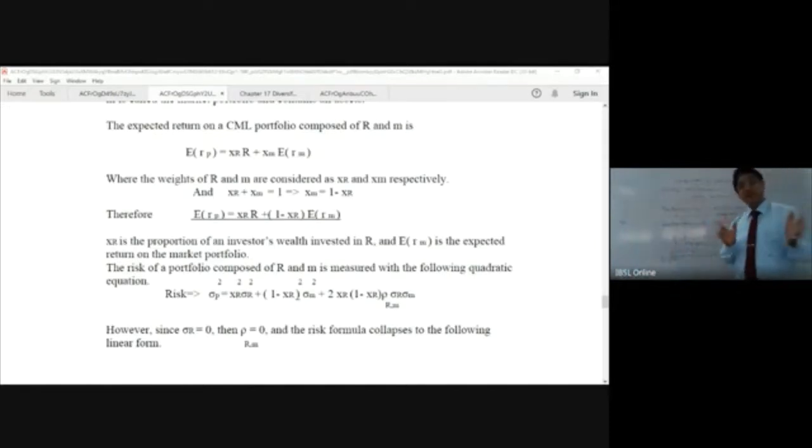What is the risk of the risk-free asset? It is 0. So you can just apply 0 here, and this value will become 0. Then again, in this multiplication, you have sigma R, so this whole thing will become 0.